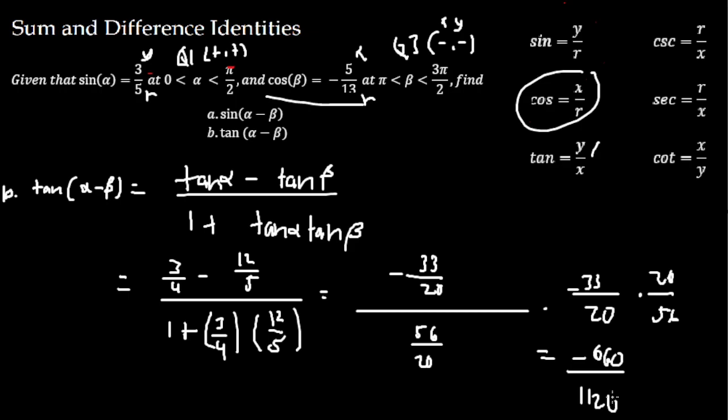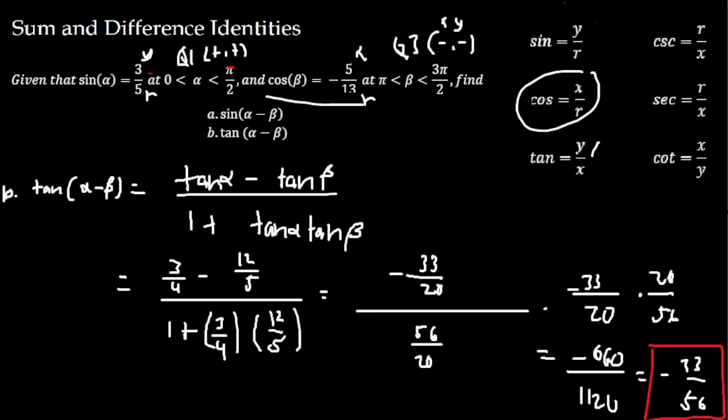Now 660 over 1120, in lowest terms, is negative 33 over 56. So we just proved that our answer is correct. But it's easier to use a calculator.